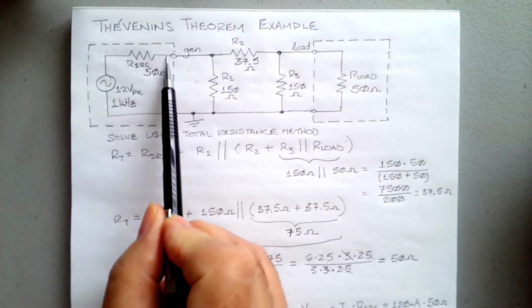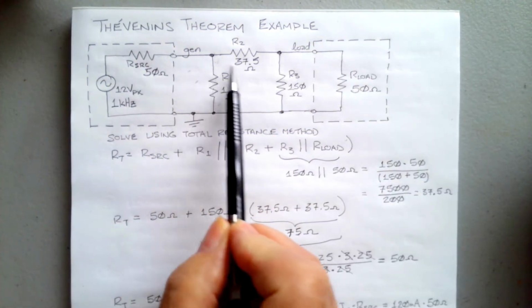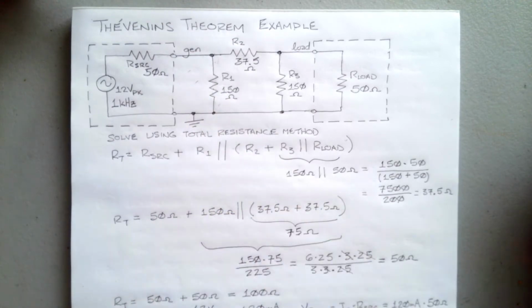We had 120 milliamps going into here, so the remaining 80 milliamps has to flow through R2.